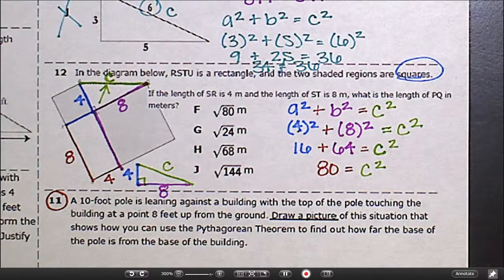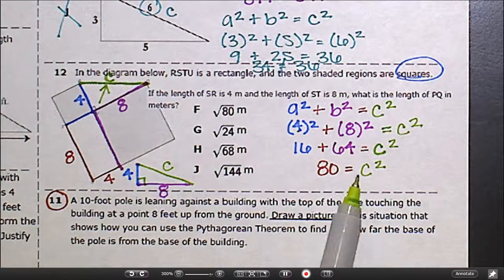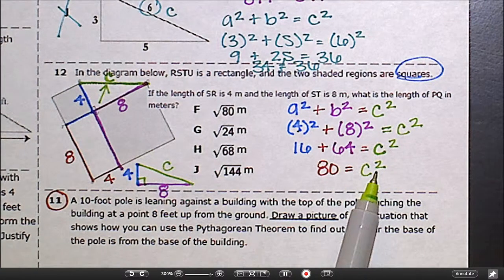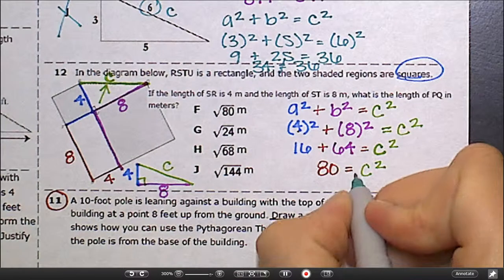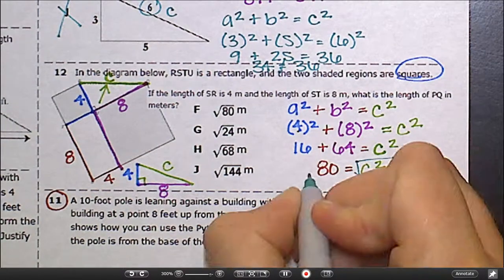So in this case, we're going to still do the opposite. The opposite of squaring a number is to take the square root. So I have to take the square root of both sides.